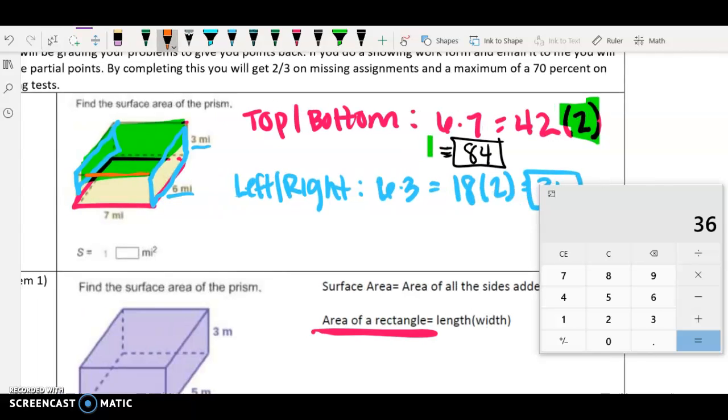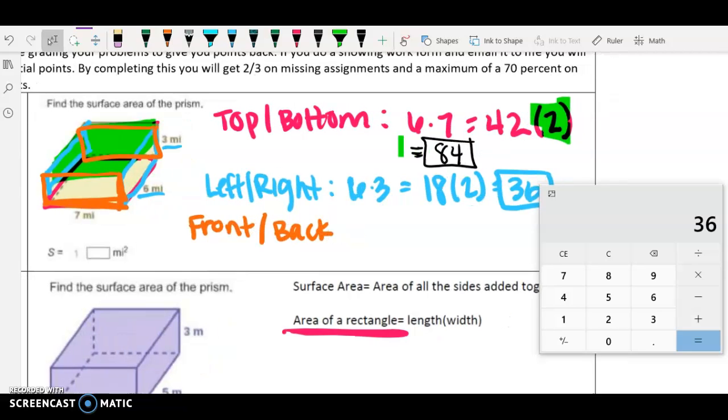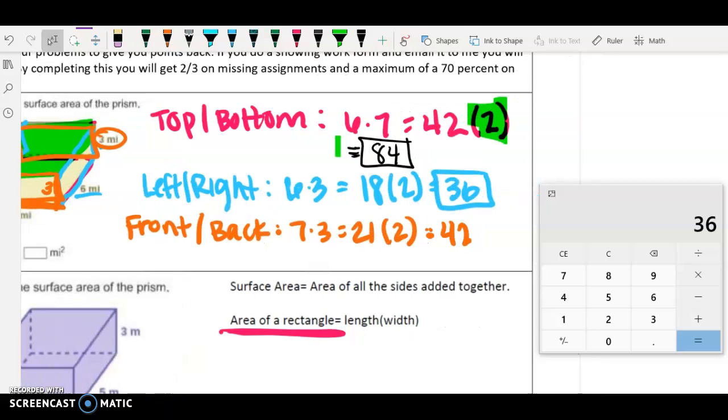And then we still have to do our front and our back. So our front and back has a length of 7 and a width of 3. And so, because this is 3 back here, which means it's 3 right here. So we have 7 times 3, which is 21, times 2, which is 42. So now what I do is I'm going to add these three.